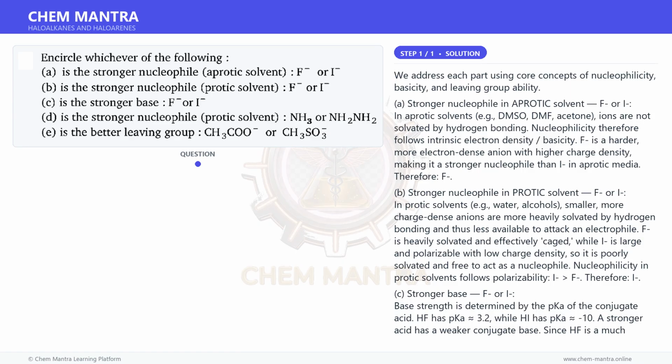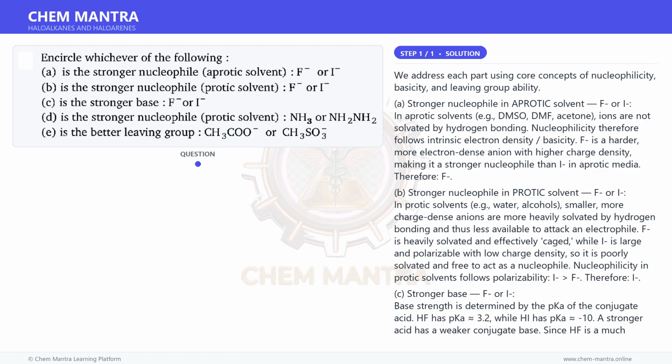E. Better leaving group, CH3COO⁻ or CH3SO3⁻, methyl sulfonate. Leaving group ability correlates with the stability of the departing anion, that is, its ability to accommodate the negative charge. CH3SO3⁻, methanesulfonate, mesylate, is derived from methanesulfonic acid, pKa -1.9, a very strong acid, meaning the anion is extremely stable.